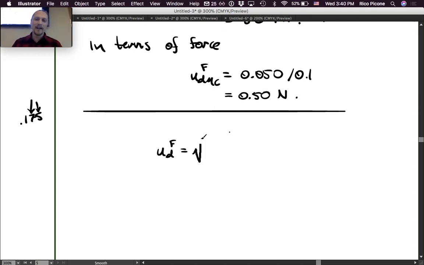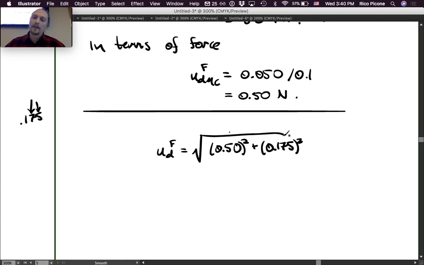Okay, so we have ourselves another RSS opportunity. So let's combine the 0.50 uncertainty that we got from the microcontroller with the 0.175 that we got from the load cell using good old RSS.